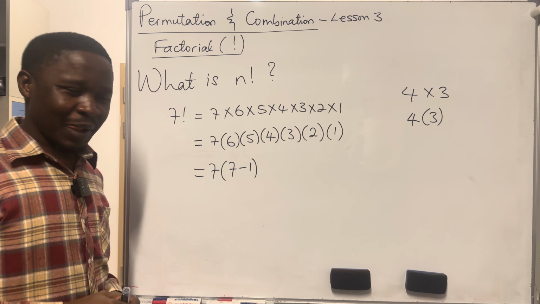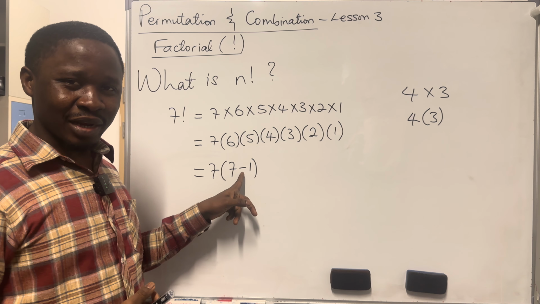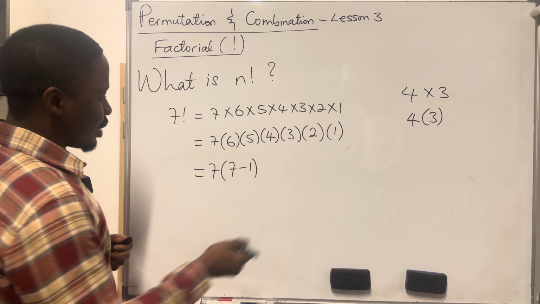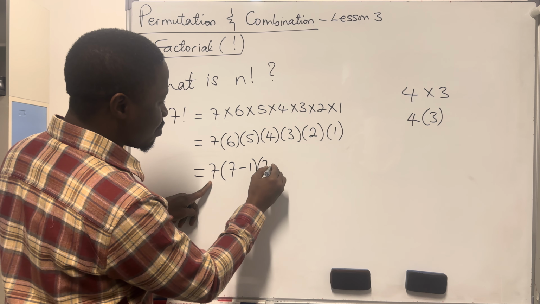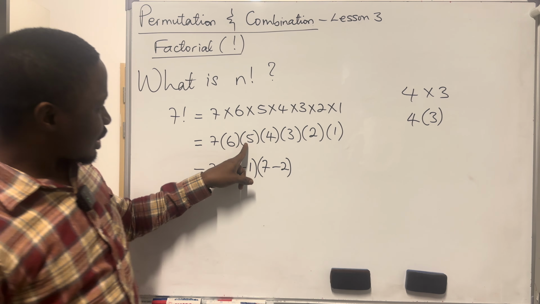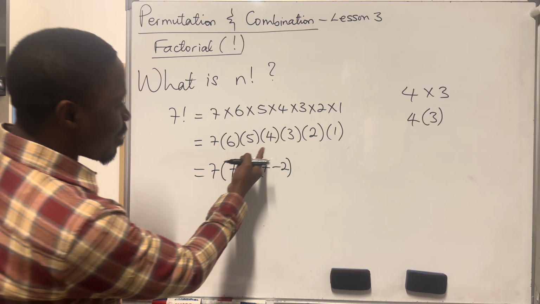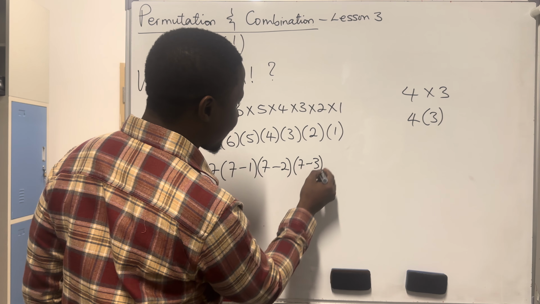You agree with me? 6 is the same as 7 minus 1. How about 5? 5 is the same as 7 minus 2. How about 4? 4 is the same as 7 minus 3.